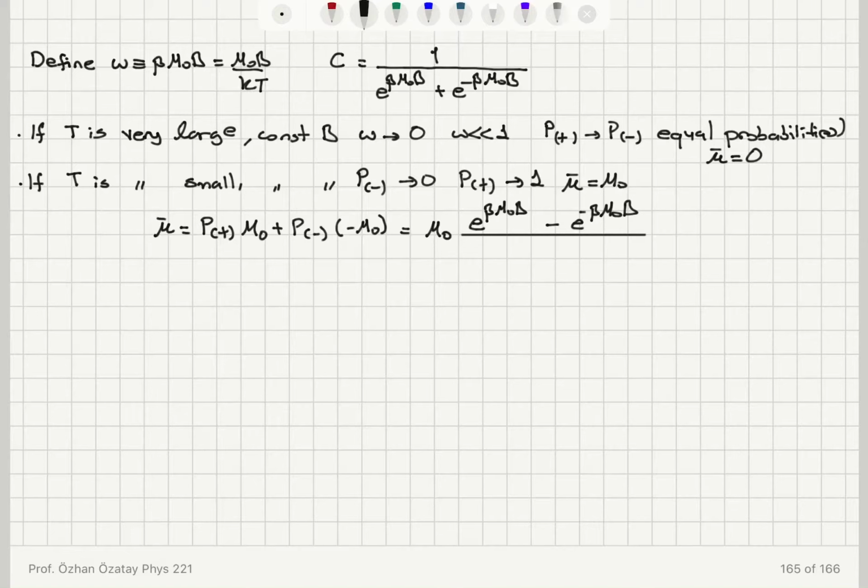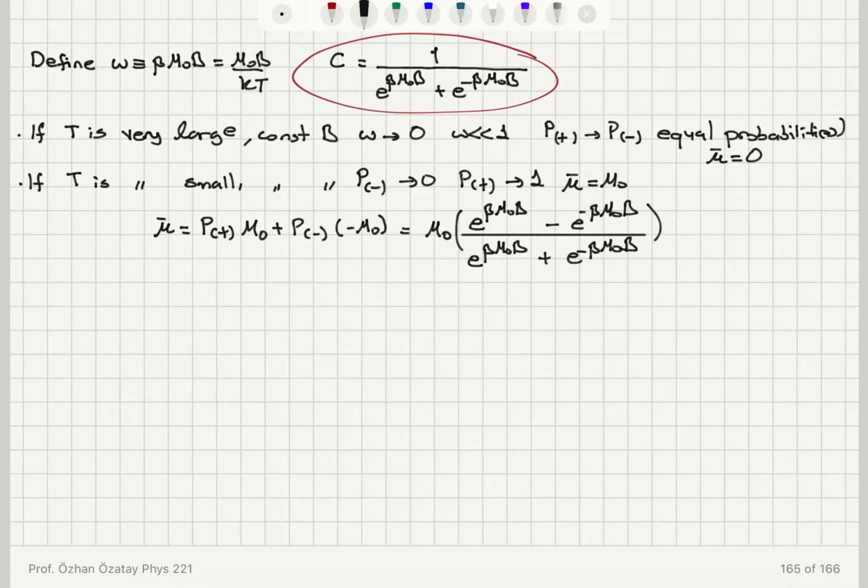Because I have this c here, I'm going to use the result from that, so multiplied by c gives me e to the beta mu 0 b plus e to the minus beta mu 0 b.